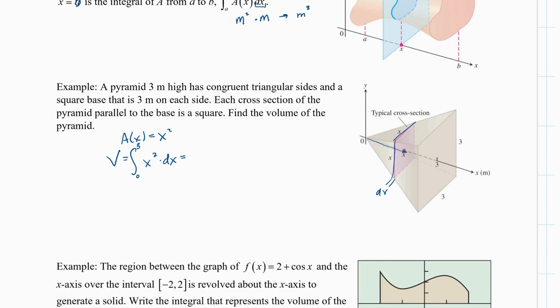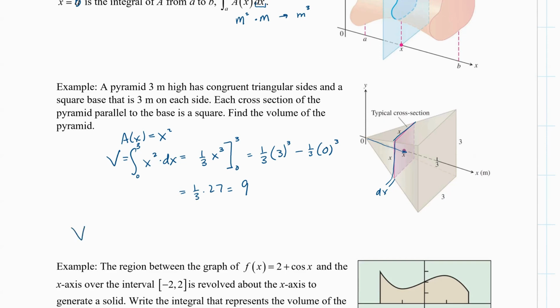If I take the antiderivative of x squared, I get 1/3 x cubed. I'm going to evaluate that from 0 to 3, which means I get 1/3 times 3 cubed minus 1/3 times 0 cubed, or 1/3 times 27, which is 9. And so there's us using calculus to find the volume of that pyramid.